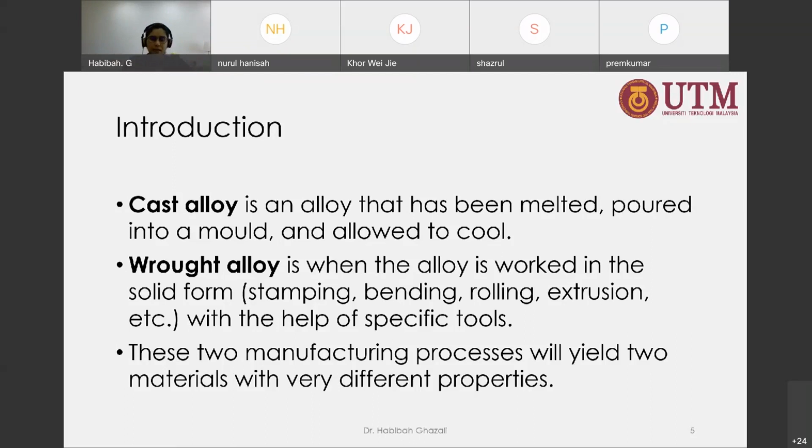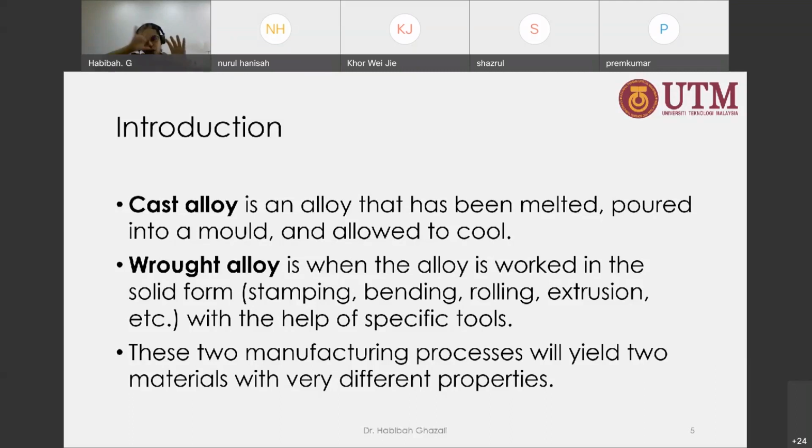So why is this? We can go back to our module 6 again. If we look into module 6, when we have a smaller amount of copper inside aluminum, it can form a complete solid solution. So we will have just one phase.